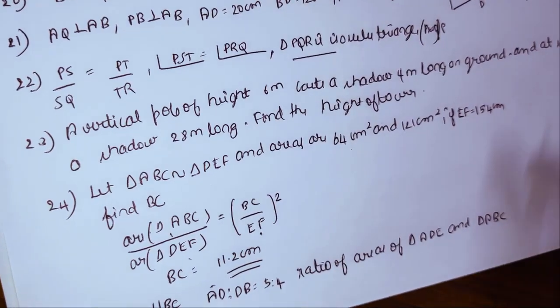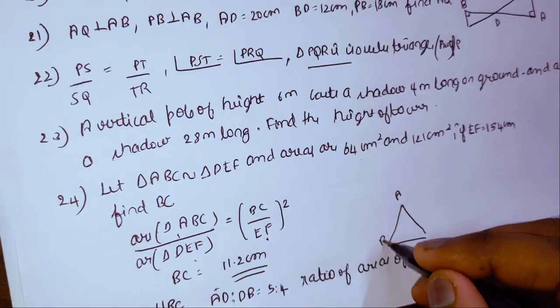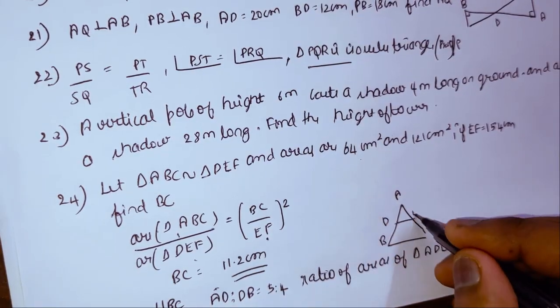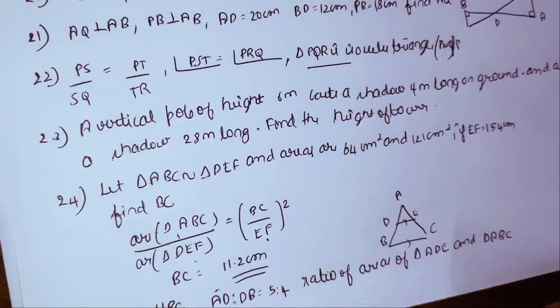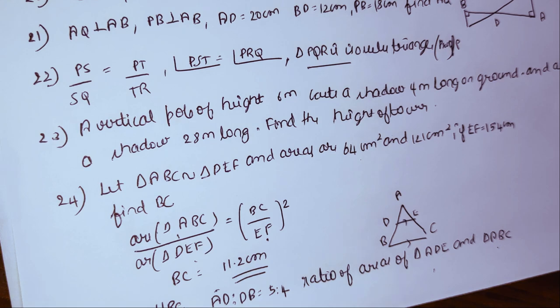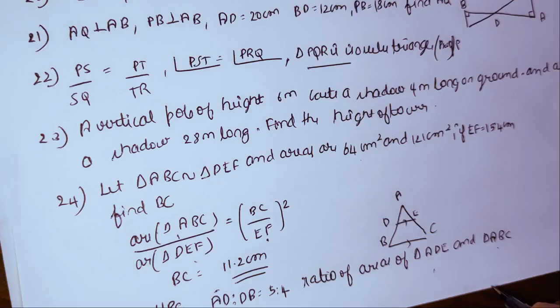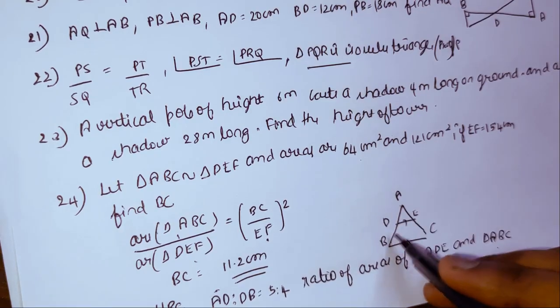They are given a triangle, same as to prove Thales theorem, ABC, D, E. Find the ratios of areas of triangle ADE and ABC. AD is to DB value is given, that is 5:4.